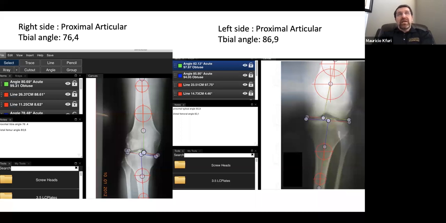When you have a bicondylar tibial plateau fracture with this kind of deformity on the medial side, most likely you're going to have an intra-articular deformity in association with a metaphyseal deformity, because in this situation, the two condyles of the plateau are dissociated from the metaphyseal area, and the chances of a metaphyseal deformity in association with the intra-articular deformity are very, very much the case.